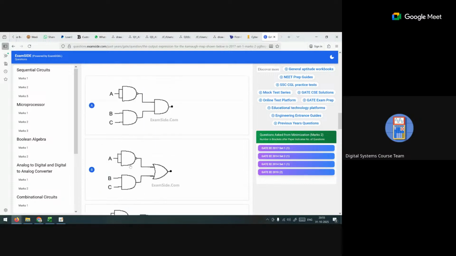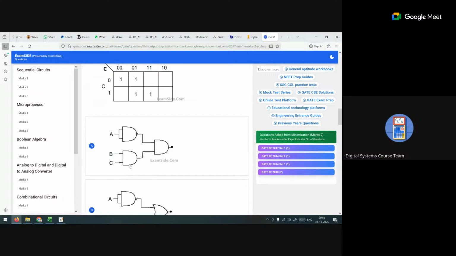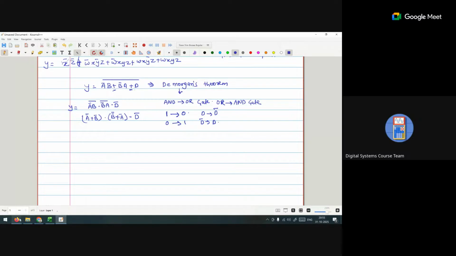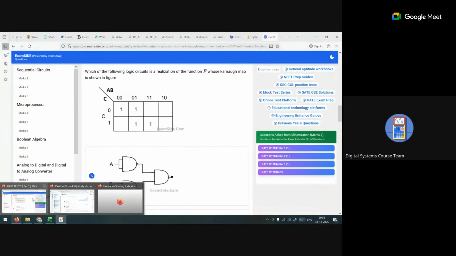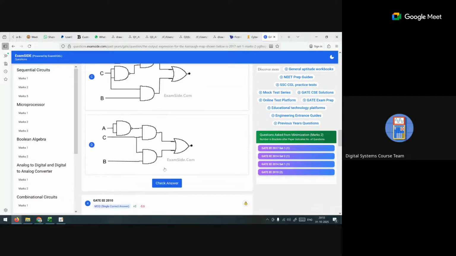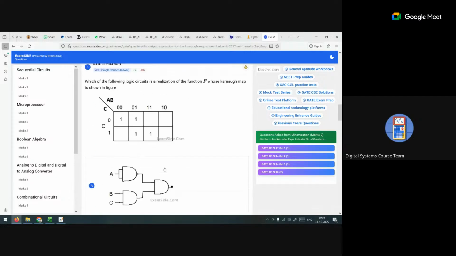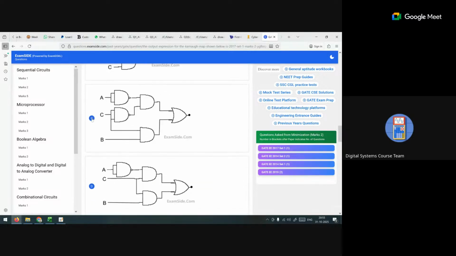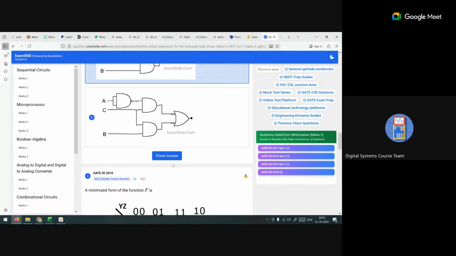Can anyone try? Okay, that is somehow a little bit related to week 6, so I am not focusing too much on that one. The equation is A bar C bar plus BC, and the correct answer, I think C is correct.